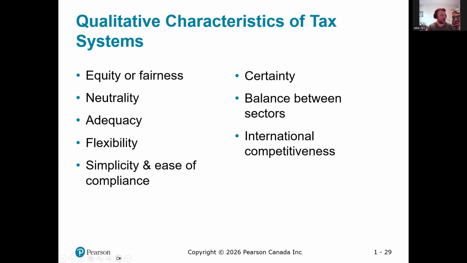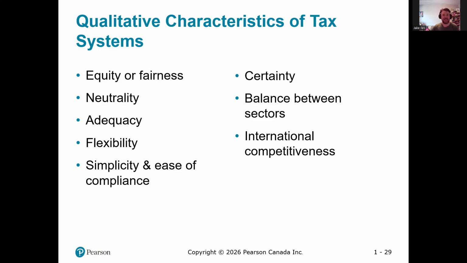We also want equity or fairness. So equity or fairness is two people who are in the same economic position should pay the same amount of tax. If I make 50,000 and my brother makes 50,000, when we do this calculation, we should come out to the same balance of tax owing. If our situations differ, perhaps my brother has children and I don't, then his situation's different.